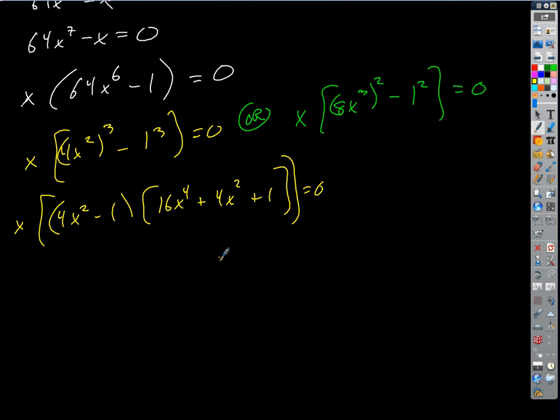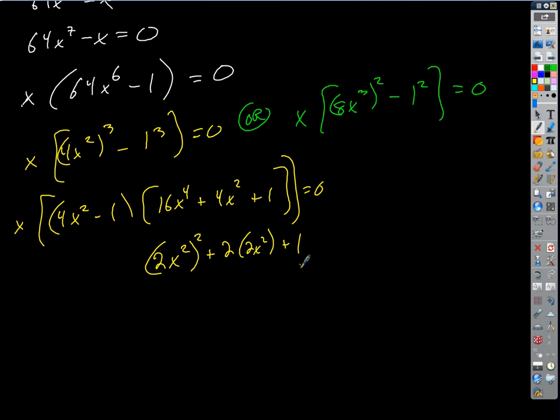I can't really make that packets of anything. I guess I could make it packets of 2x, right? Packets of 2x that are being squared, or 2x squared that are being squared. But what are you going to do? I know I'm going to run out of time. But if I write that as 2x squared plus 2 times 2x squared plus 1, is that right?